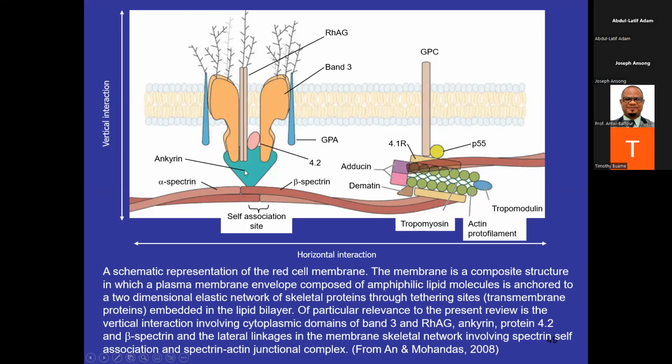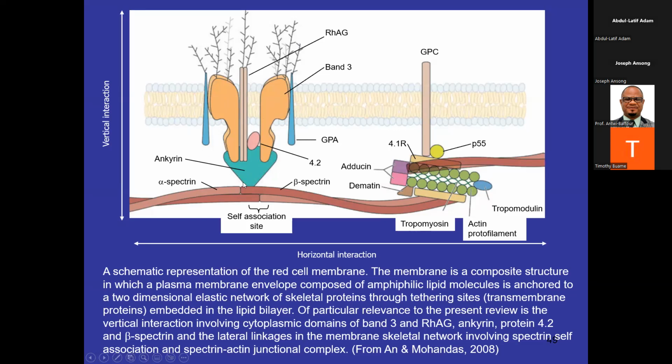And then the ankyrin attaches onto the alpha and beta spectrin and is bound by band 3 and Rhesus antigen here. And then also protein 4.2 and glycoprotein A, holding the membrane onto the cytoskeleton. So the membrane, the bilayer is hooked to this protein and is hooked to the cytoskeleton.